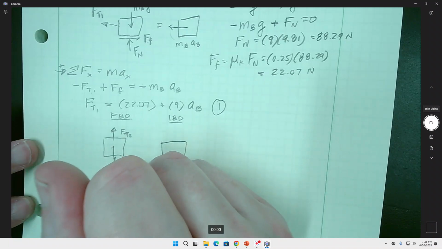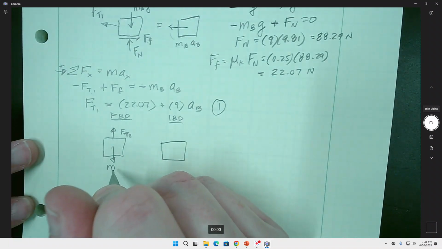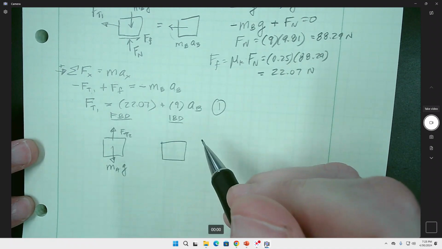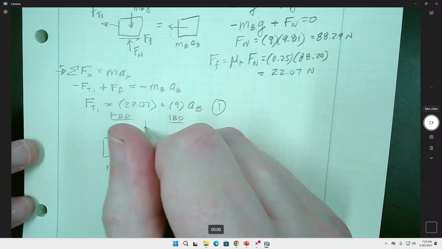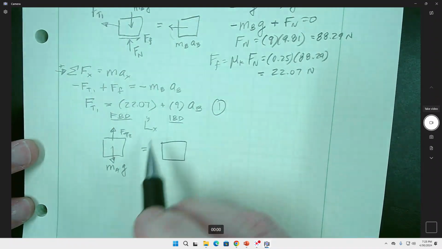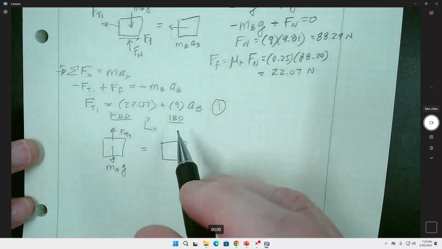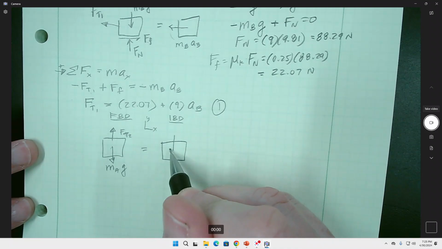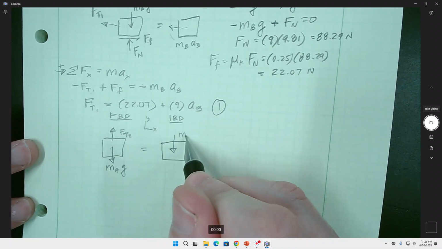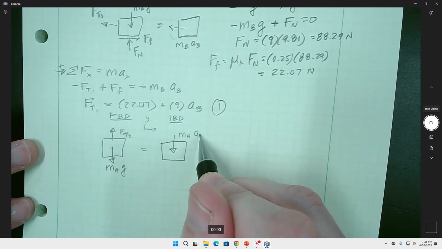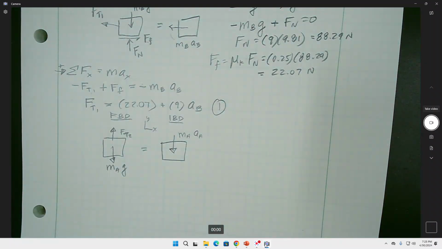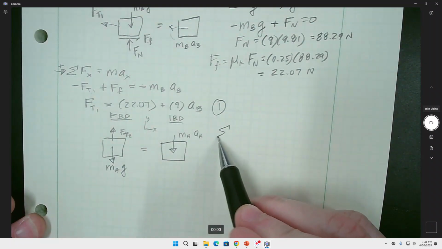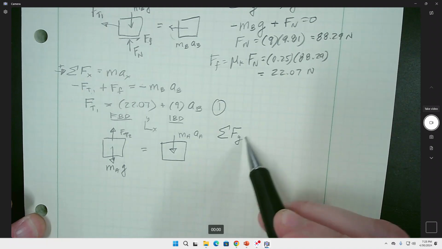This is going to be MAG. Let's establish a coordinate system, making down positive on this side. The only acceleration taking place is going downwards, AA. We don't have to care about the x direction, all we care about is the y direction.